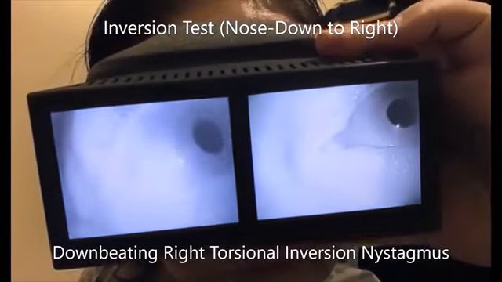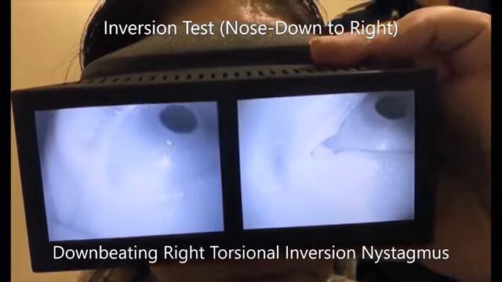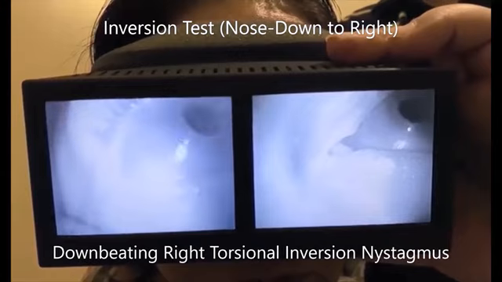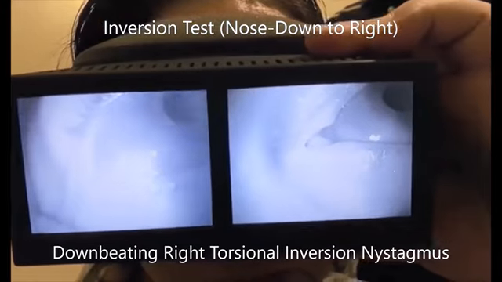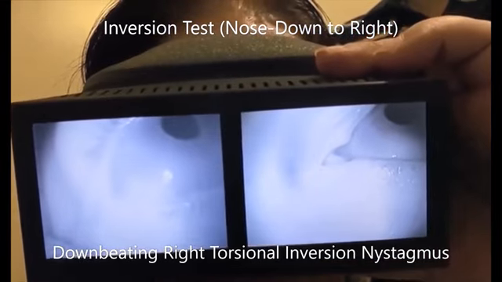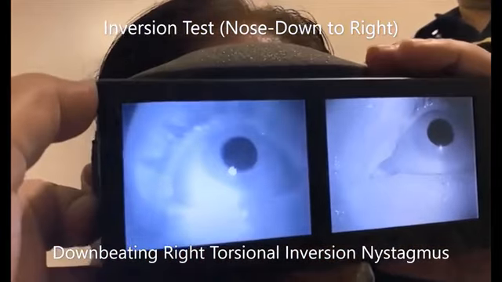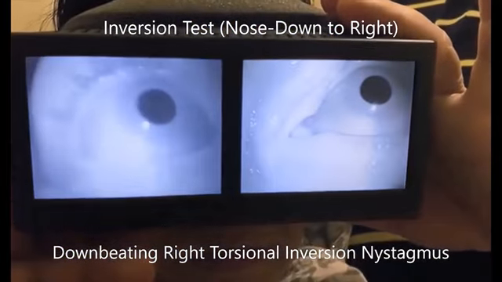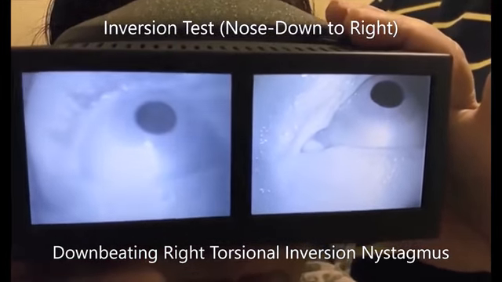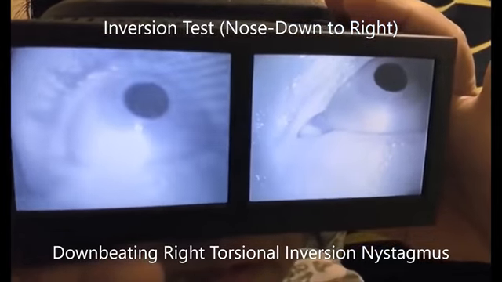The vertical component, which was upbeating in the left Dix-Hallpike position, becomes downbeating, and the torsional component, which was left torsional in the left Dix-Hallpike position, now becomes right torsional. So this confirms left-sided posterior semicircular cupulolithiasis. It is now more clearly seen with the adjustment of the video frenzel.